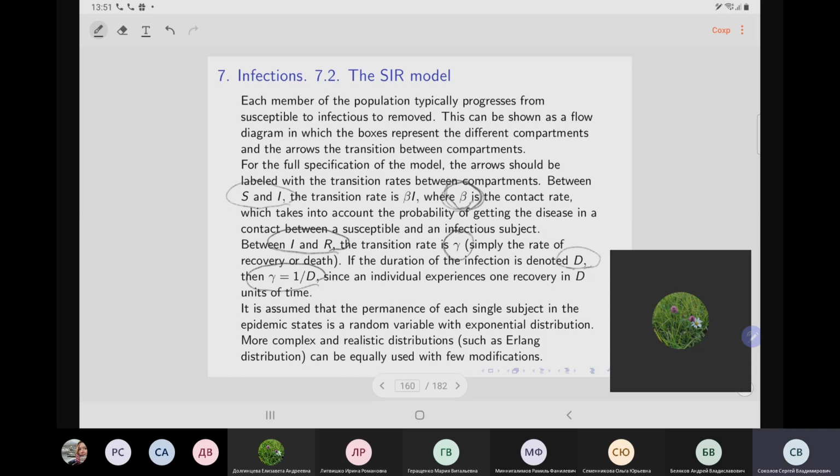And it is an interesting problem how to understand what the duration of infection is for long diseases like AIDS, for example. Some calculations show that the average lifespan with AIDS can be more than 10 years.